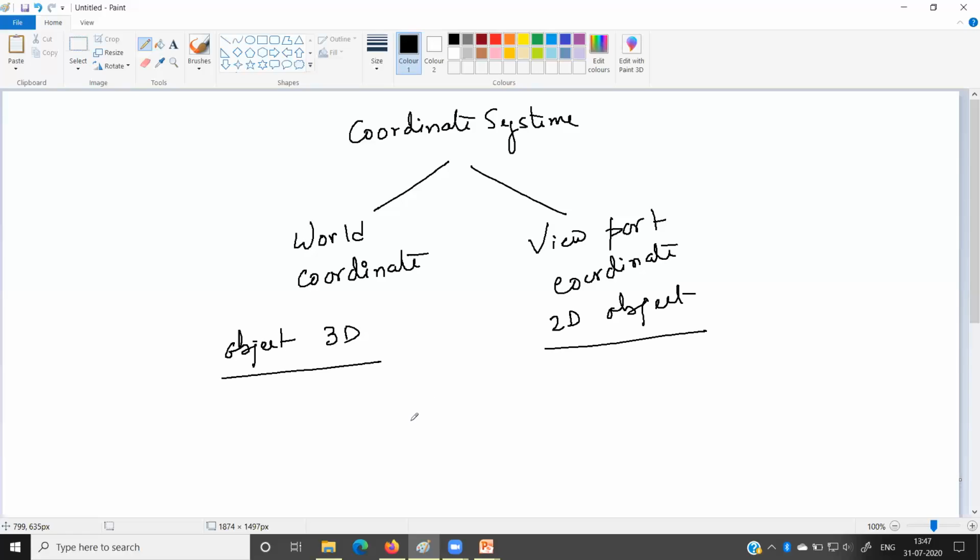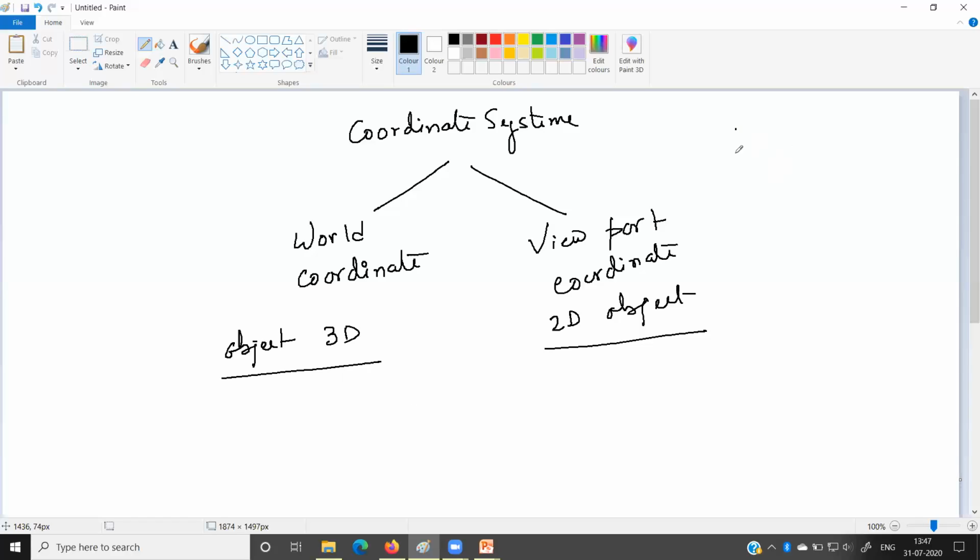In this case, we are converting the object from three-dimensional to two-dimensional. So the process of conversion of a 3D object to a 2D screen is known as projection.